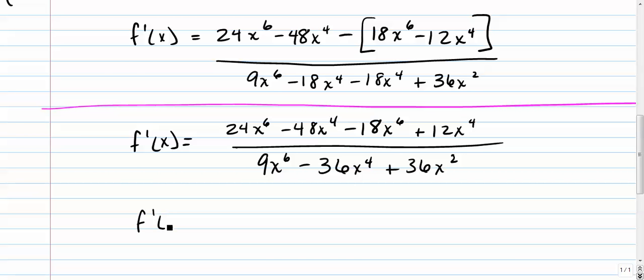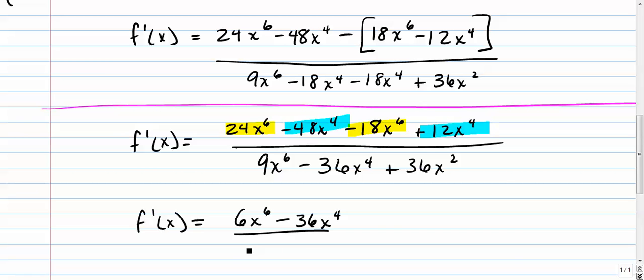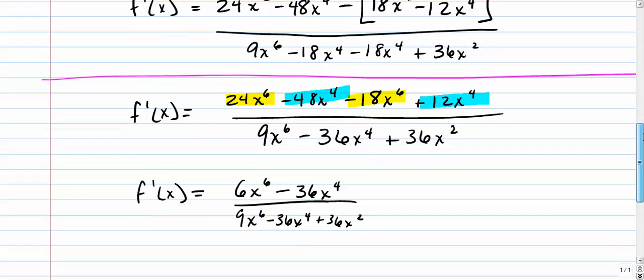We have some common like terms in the numerator: the 24x to the sixth and the 18x to the sixth, and then we'll combine the fourth terms as well. 24 minus 18 looks like it's 6x to the sixth minus 36x to the fourth. And the bottom can't really change. Alright, that's an okay answer.